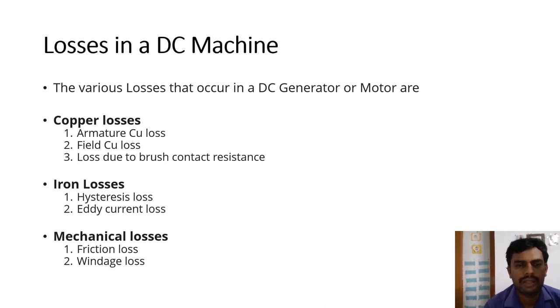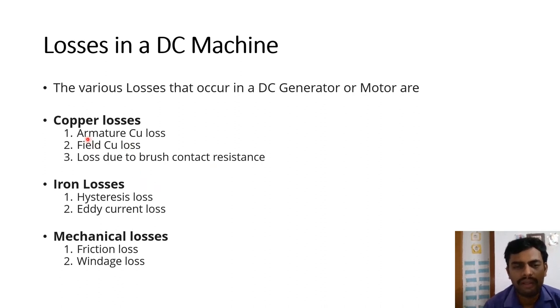So, coming to these losses, we'll be having copper loss, iron loss, and mechanical losses. These copper losses include armature copper losses, field copper losses, and loss due to brush contact.